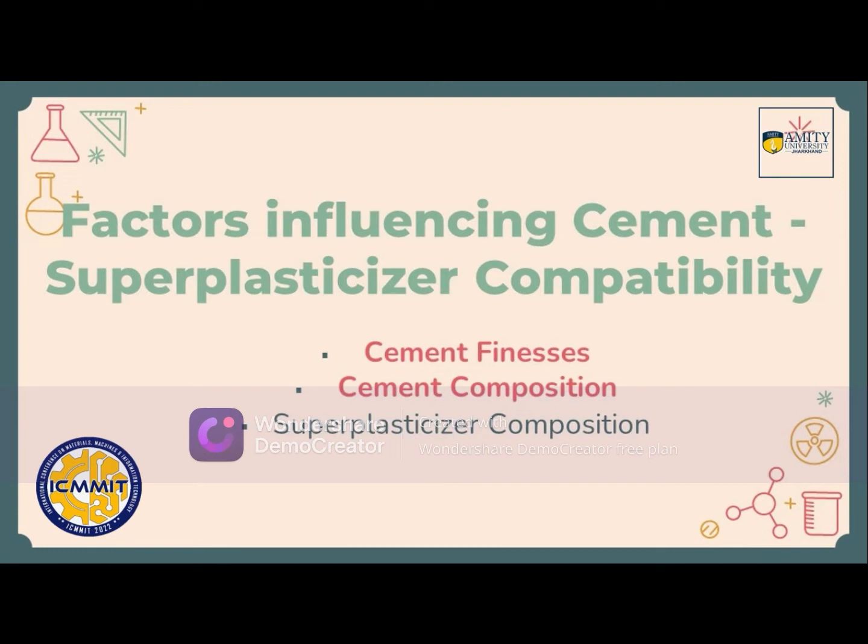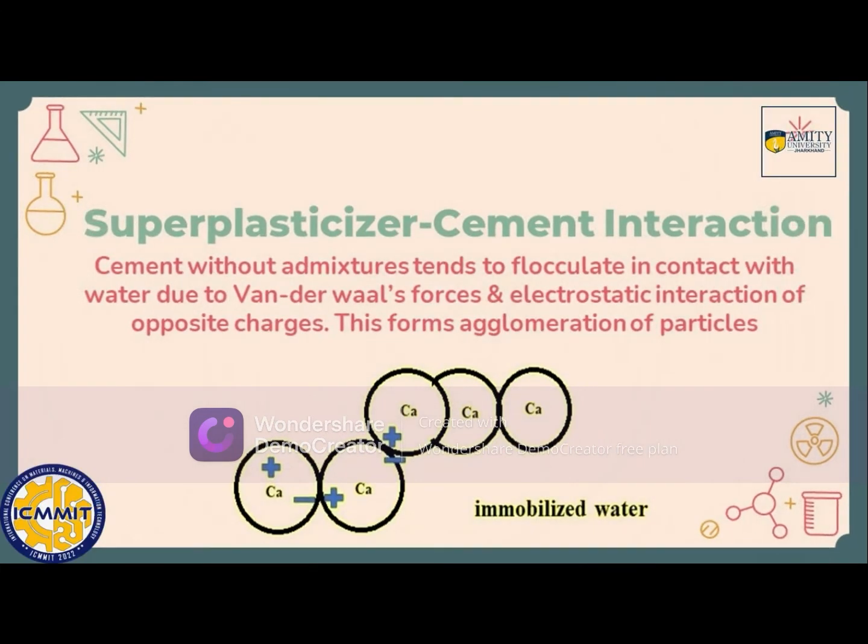Cement composition: whether we have sulfate, what content of C3A, C2S and C4AF, all those things. And superplasticizer composition: is it the first generation, the second generation, or the third one, the polycarboxylate ether? Now, superplasticizer-cement interaction. Cement without admixture tends to flocculate in contact with water due to van der Waals forces and electrostatic attraction of the opposite charges.